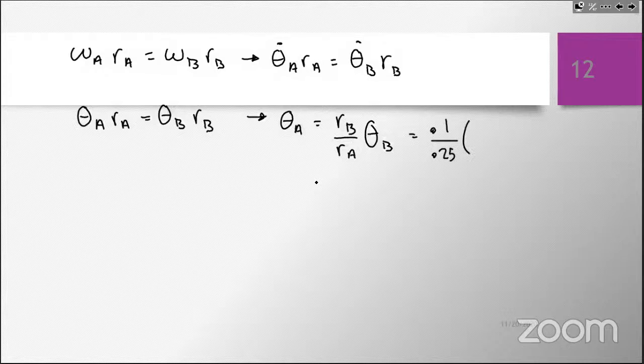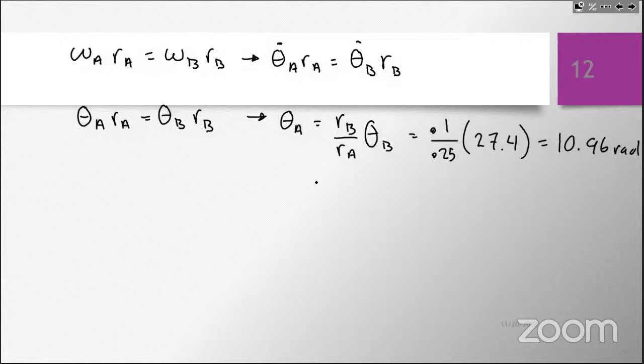We found theta 2B in the last part of the problem, which was 27.4 radians. It turns out this theta A is 10.96 radians.